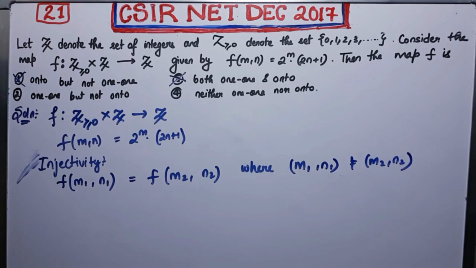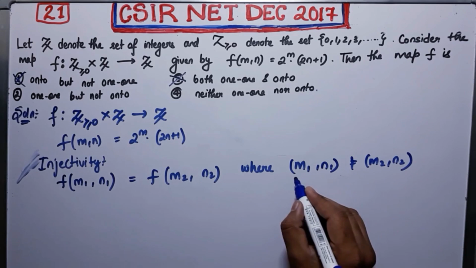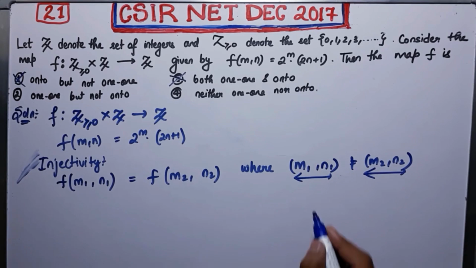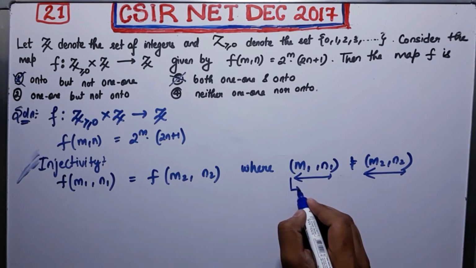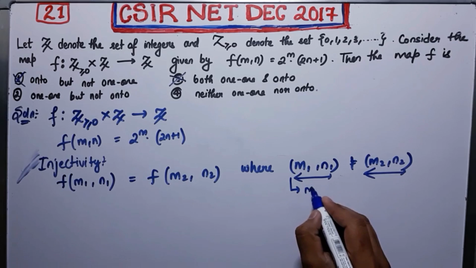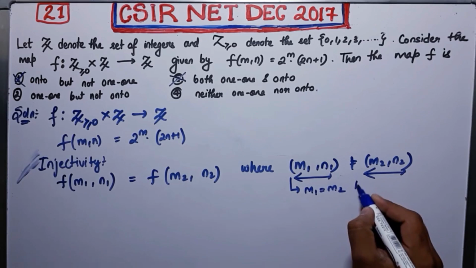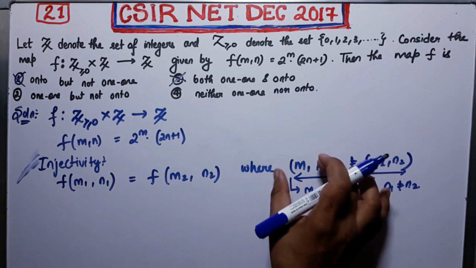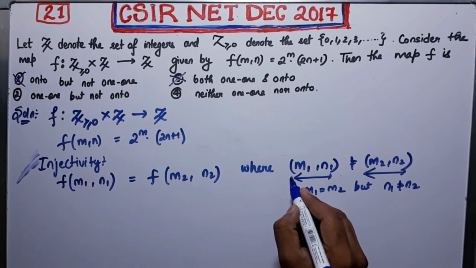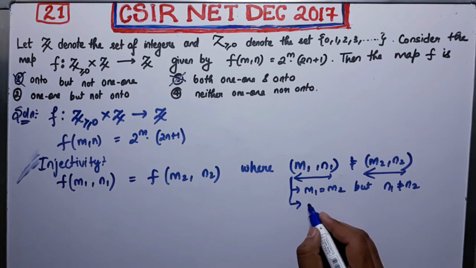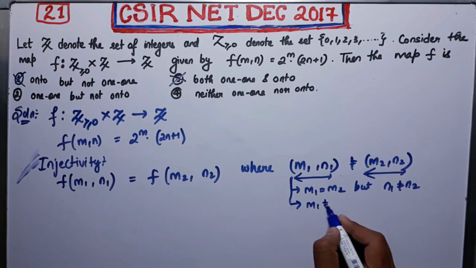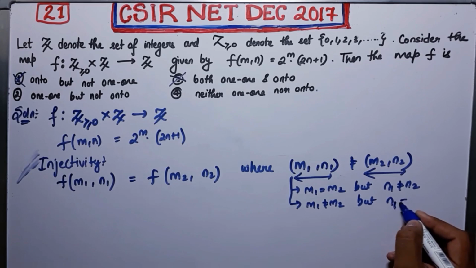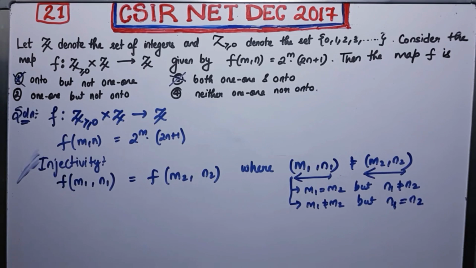Okay, so if you are writing this thing, what can be concluded from here? There are three cases you can conclude from here. The first one, that m1 is equal to m2 but n1 is not equal to n2. You are getting my point? Still this inequality will hold. Now second case, you can conclude that m1 is not equal to m2 but n1 is equal to n2. This is what you can conclude, right?